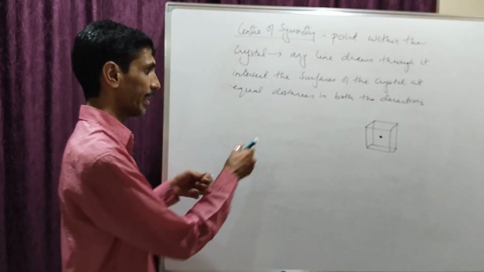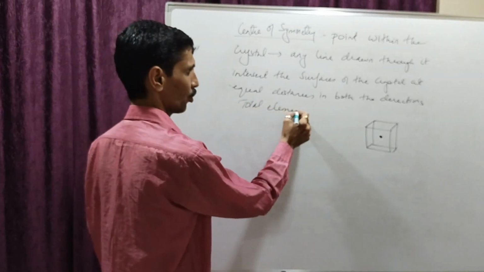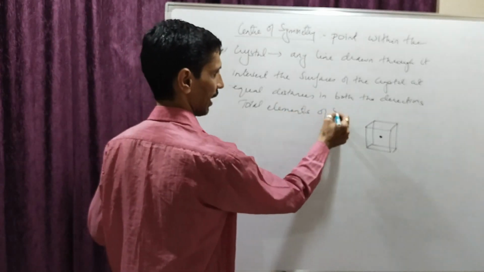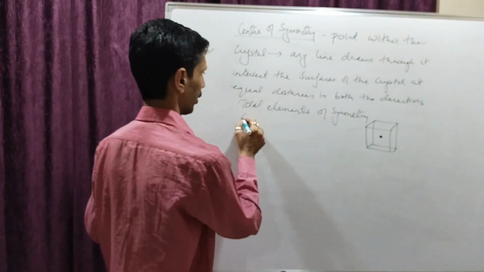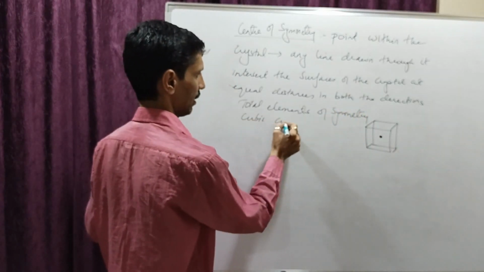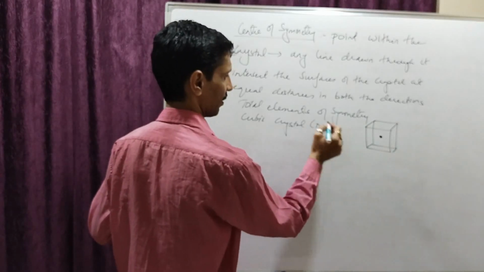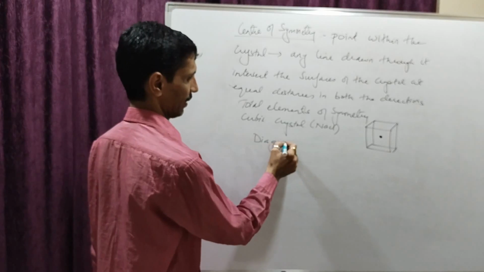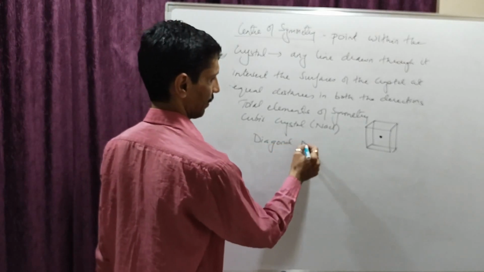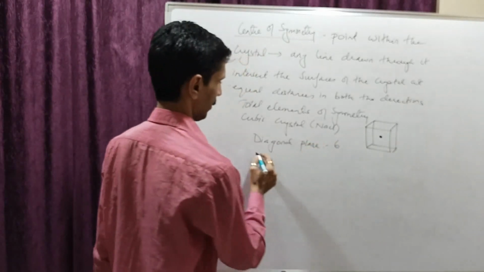So if I want to find out the total elements of symmetry for a cubic crystal, I give you a simple example, and that is, say, NaCl. Then how many will I have? First, I will have diagonal planes, and that's going to be 6.